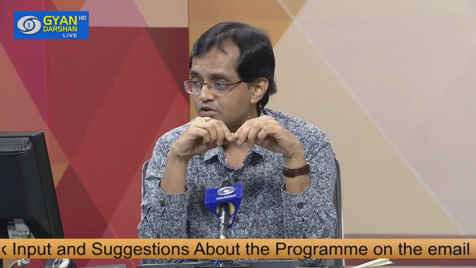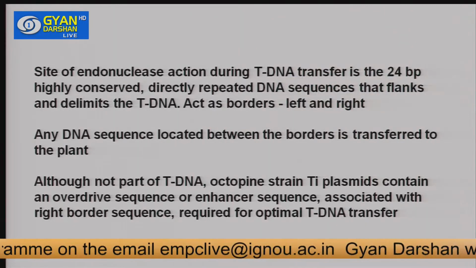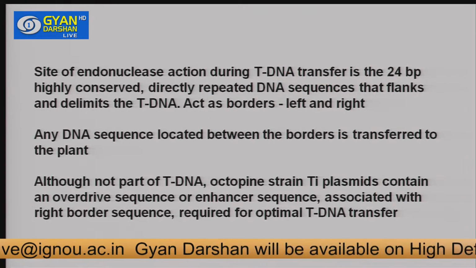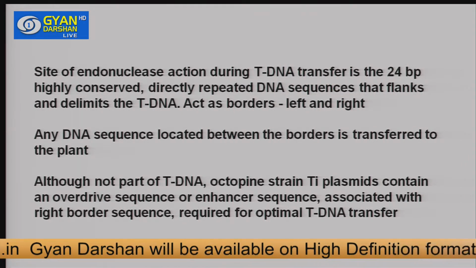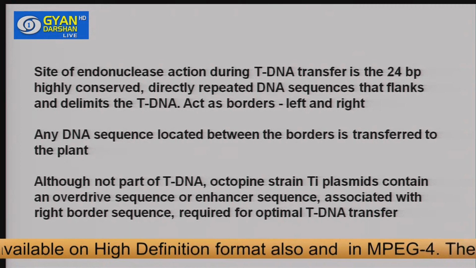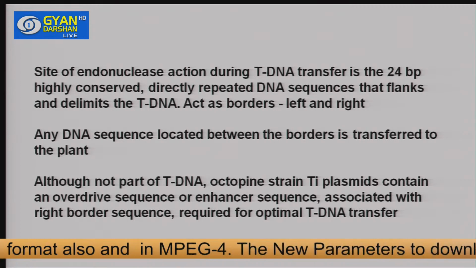So the site of endonuclease action during tDNA transfer is the 24 base pair highly conserved directly repeated tDNA sequences that flank and delimit the tDNA. So tDNA is separated from the rest of the TI plasmid by the presence of these border sequences. And it is the right tDNA border that is the site of the endonuclease action.